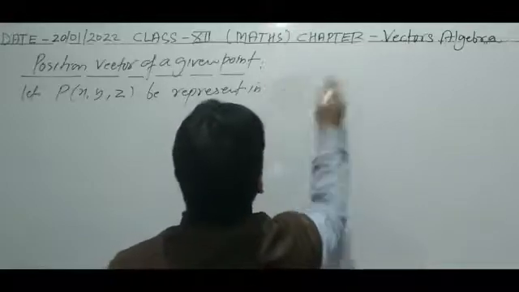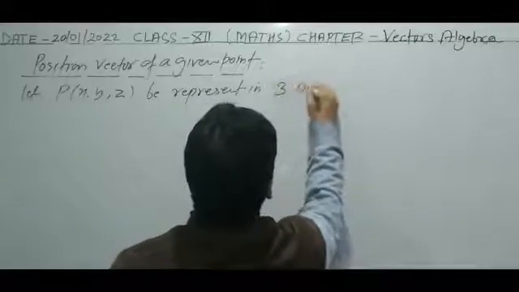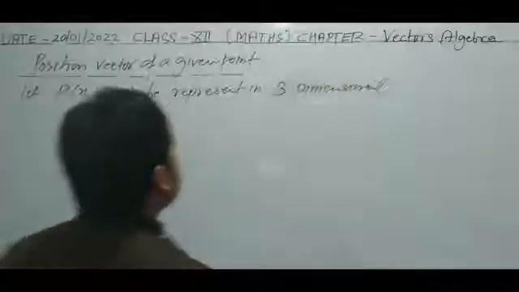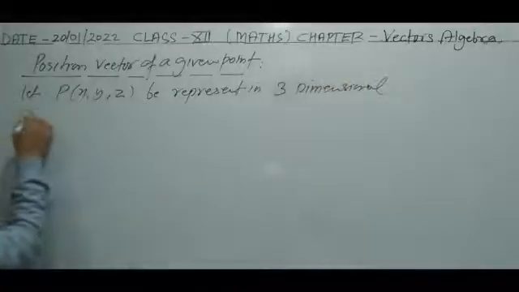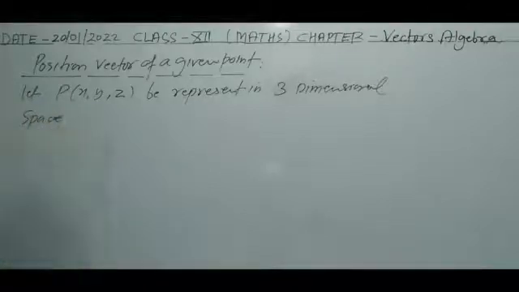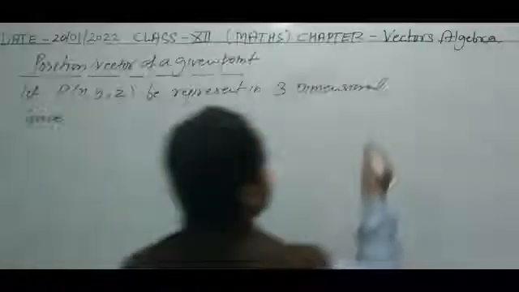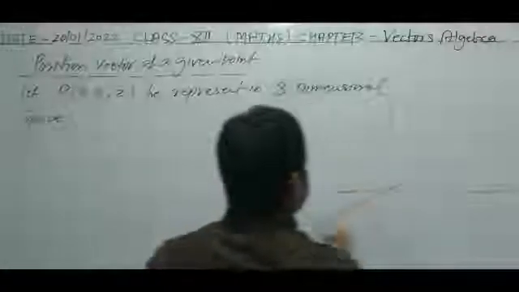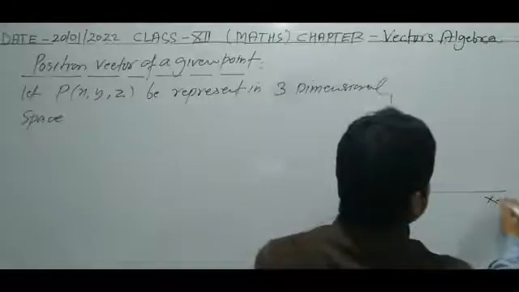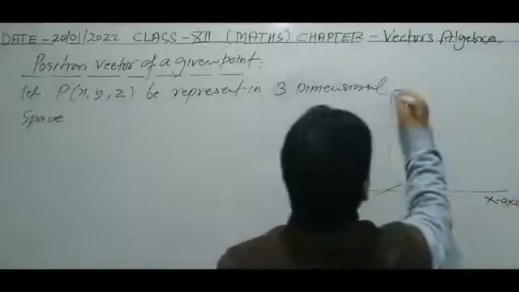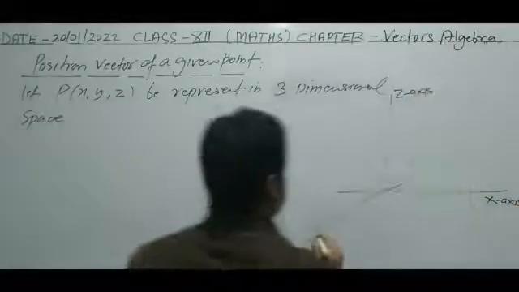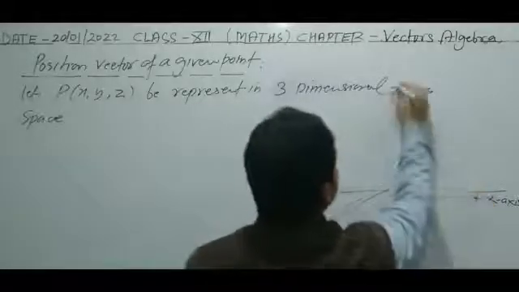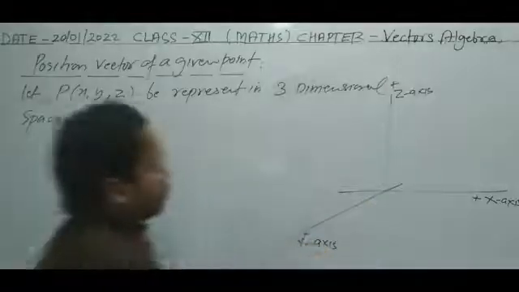So, this is three-dimensional space. This is the x-axis, z-axis, and this is the y-axis: positive x, positive z, positive y.